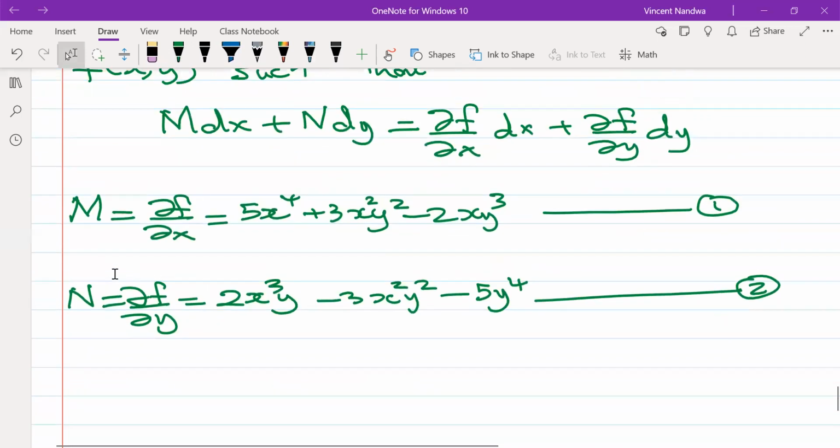Now, from 1, we can get f by integrating with respect to x.